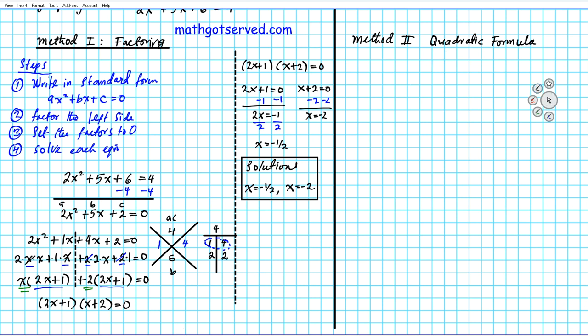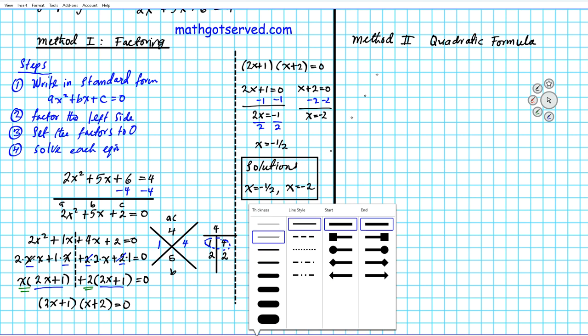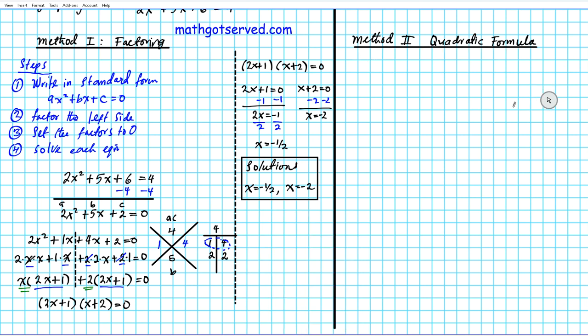All right, so steps coming up. What you're going to do first for solving quadratics using the quadratic formula is similar to the steps for factoring. The first thing that you do is write the equation in standard form. What is that? Standard form of a quadratic equation is ax squared plus bx plus c equals 0. After you do that, you find a, b, and c.